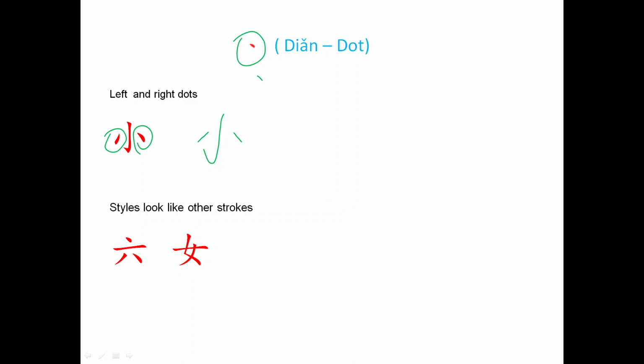Lastly, I'd like to say there are some dots which look rather like other strokes. For these kinds of dots, we just need to stretch them a little longer when writing. For example, in this word, the dot here is like 撇.